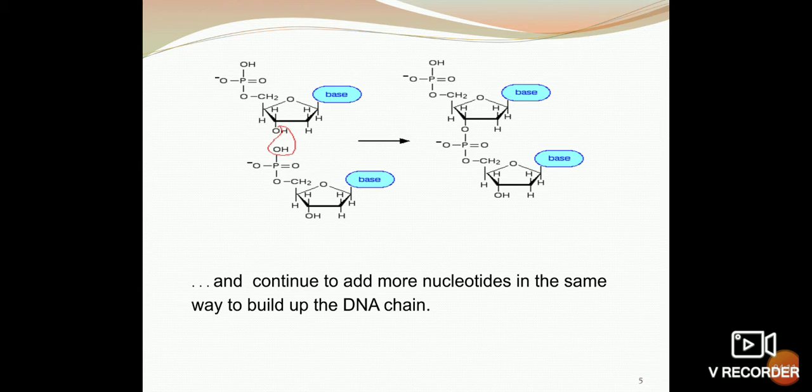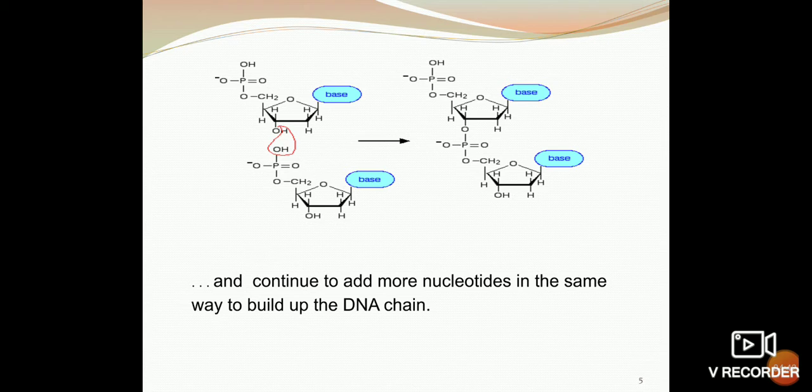So here we see how a base and a sugar moiety with a phosphate, that is a nucleotide, joins with another nucleotide molecule. It joins with the hydroxyl group on C3, the 3 carbon atom of the sugar moiety, with the loss of a water molecule from the phosphoric acid unit, and forms the bonding between C3 and C5, right?